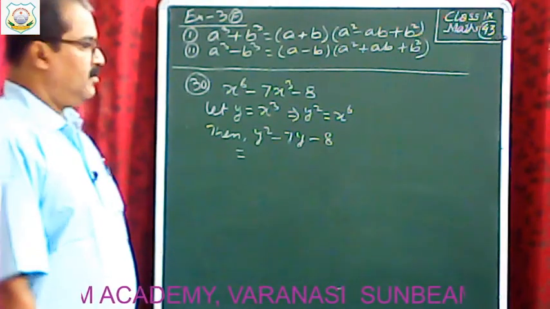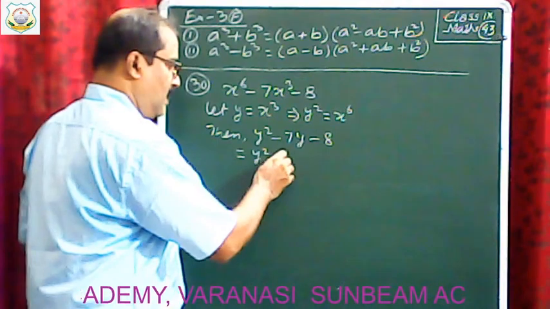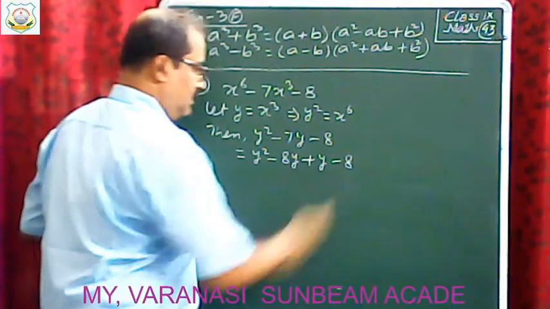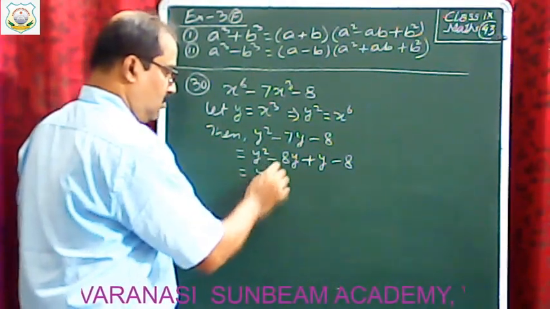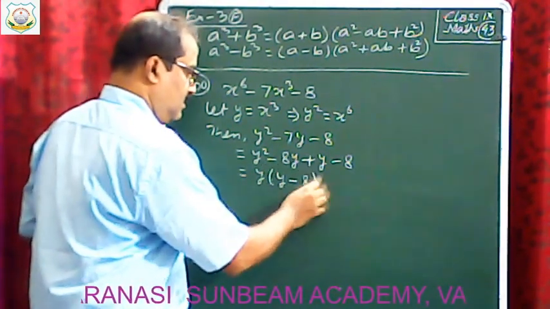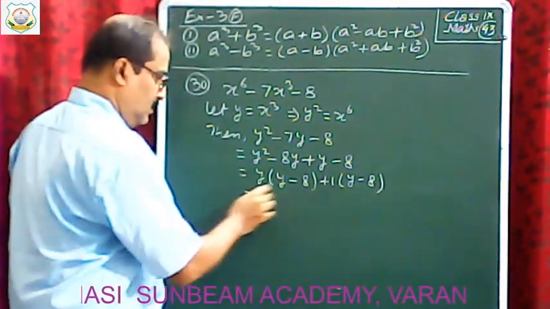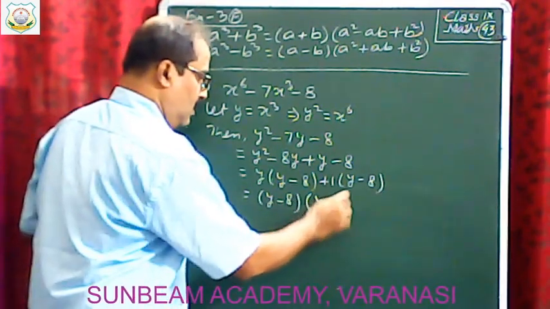You have to split up the middle term. y square minus 8y plus y minus 8. Take out common y minus 8 whole common, y plus 1.